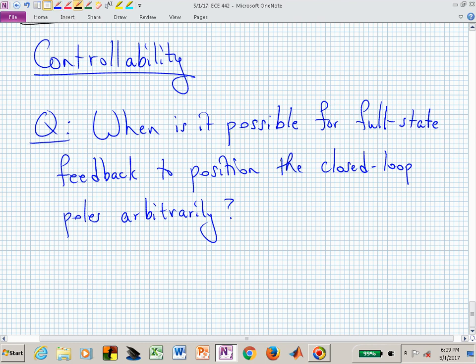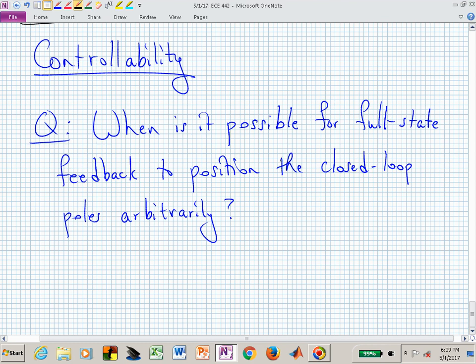So we want to have a mechanism, a procedure for checking before we even get started, before we start building this polynomial that's a function of all of these k's, is it even possible to locate the closed loop poles? This would be your first step in this full state feedback process. We're just going at it now because I wanted you to see the end result through an example.